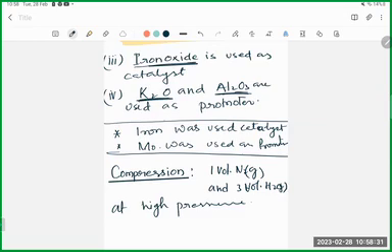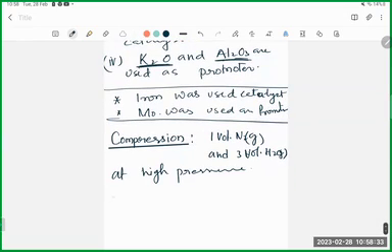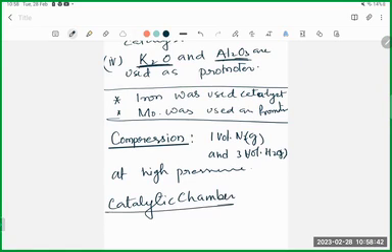Okay, gases are compressed, and after compression they are sent into a catalytic chamber. The catalytic chamber is made up of iron oxide.